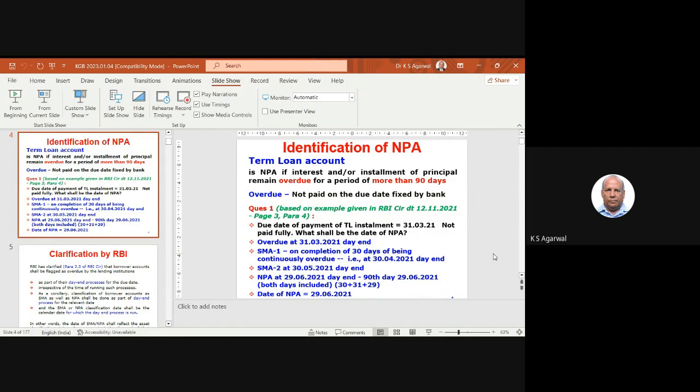So 90 days when it will complete: April 30, May 31, and 29 of June. 30 plus 31, plus 29, it becomes 90. So on 29th day end, this account will become NPA. So my date of NPA is 29th June 2021.